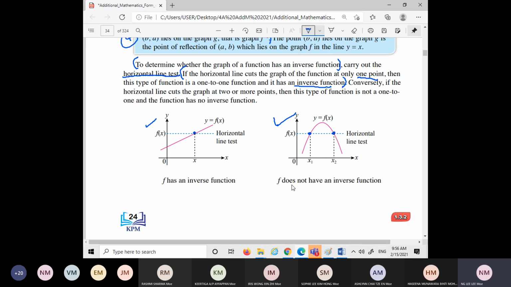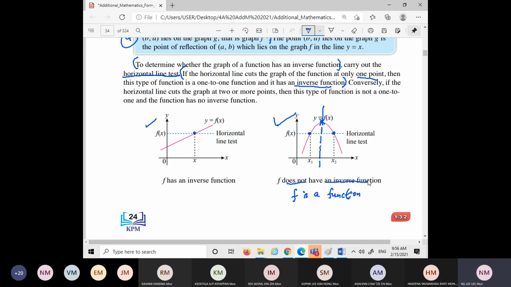So this function f does not have an inverse function. But when you do the vertical line test, it only cuts at one point. So this graph is a function. f is a function, but f does not have an inverse function.